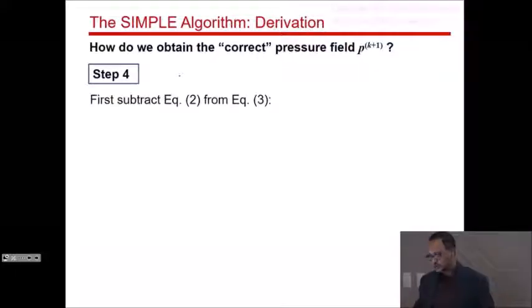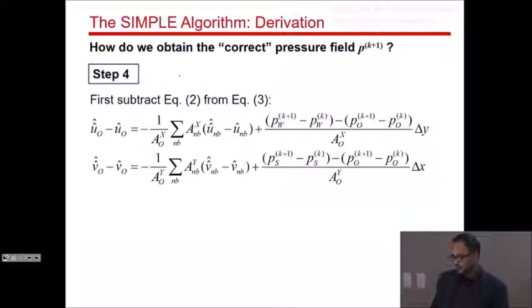So what we do is we subtract equation 2 from equation 3. Equation 2 was for u hat, and equation 3 was for u double hat, if you go back a couple of slides. So we subtract one from the other. Now, if you think about it, what is this difference?